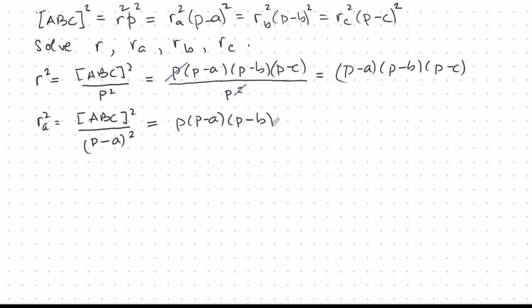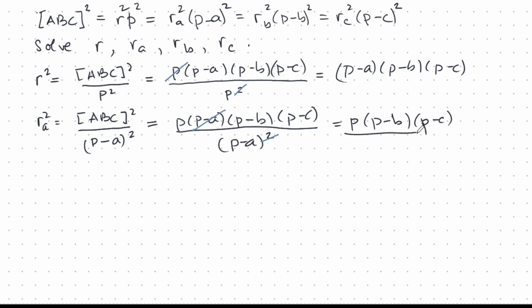I take away the square root because I've squared it, yeah. Well, we have more things that disappear. One of these goes away, and I have p minus b, p minus c. I hope I don't make any mistakes doing this. It's so easy to make a mistake when you have a wall of, yeah, I just made a mistake.